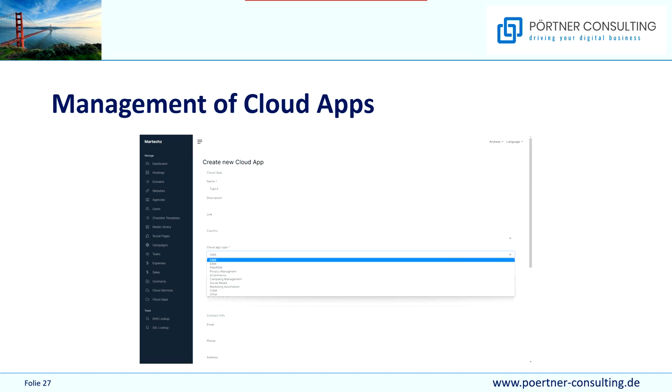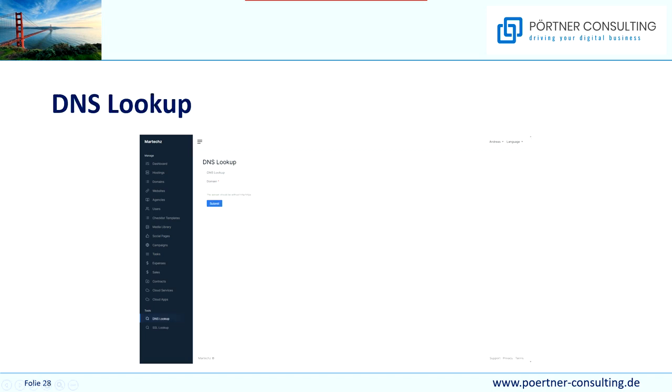So you have an overview every time of your actual marketing technology stack, and you can use some special features there. You can add some ratings for the apps, or some contracts for every app, or the expenses, and so on. It's a very powerful solution here.